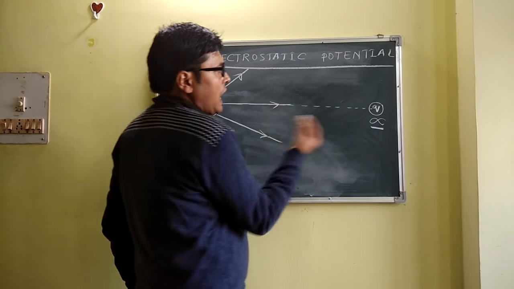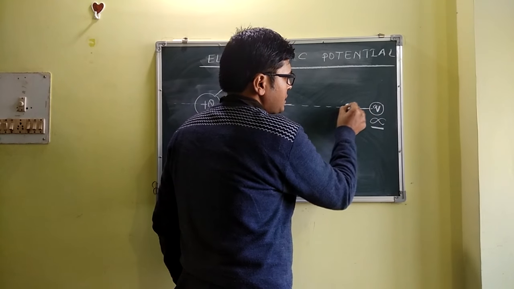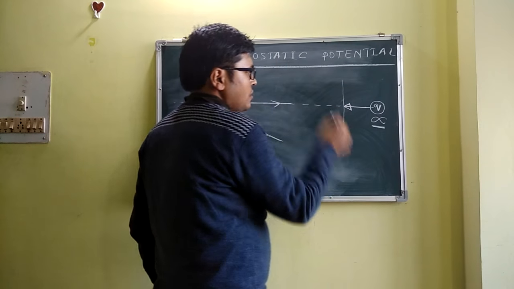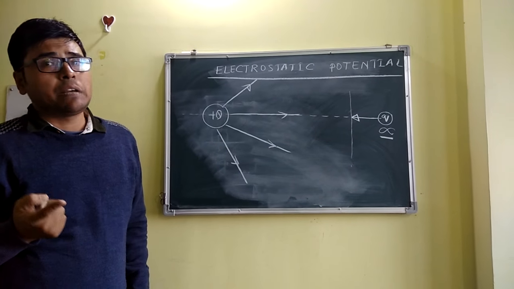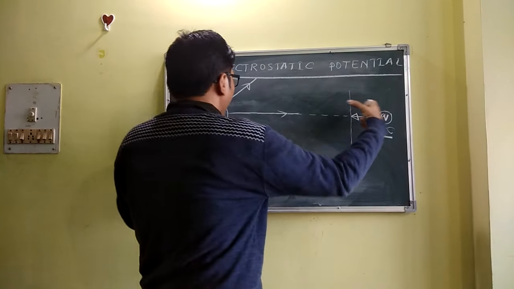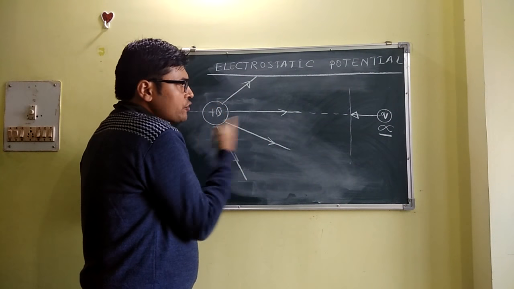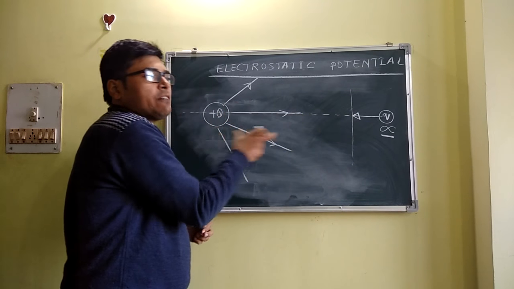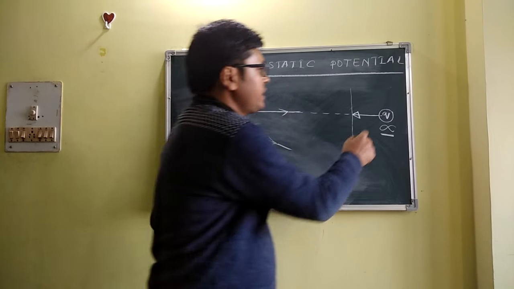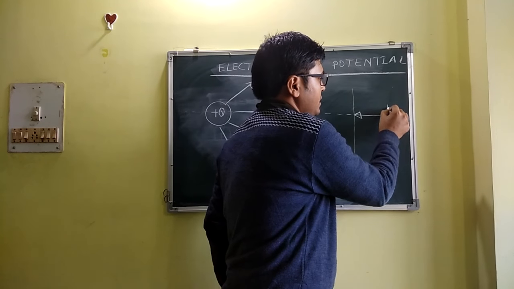But the moment we start moving towards this charge, now we have to calculate electrostatic potential. So the moment we move towards this charge, we will have to oppose the electrostatic force between these two charges, because we have assumed this charge to be positive.